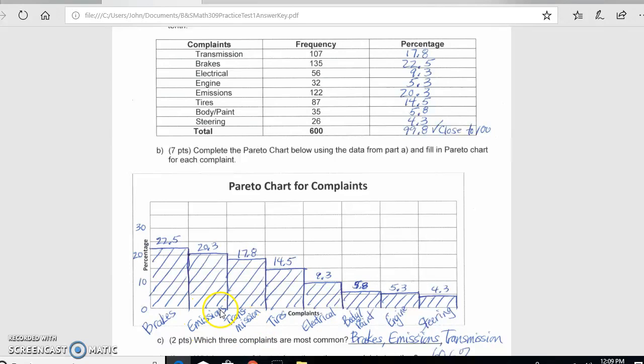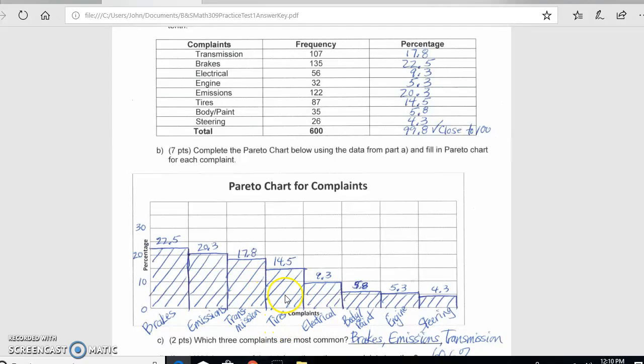And so this second column in our Pareto chart would be for emissions, and it would be just a little bit above 20.3. And then the third highest number of complaints was the transmission complaints, 17.8%, and we would fill in that column here just a little below the 20, 17.8%, and so on.